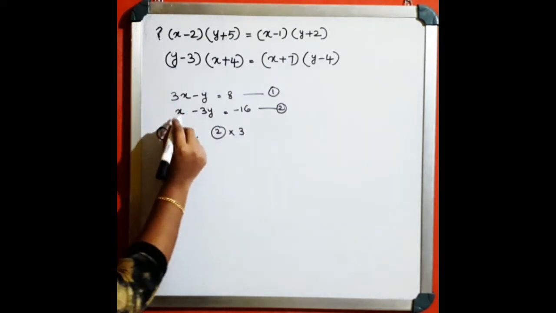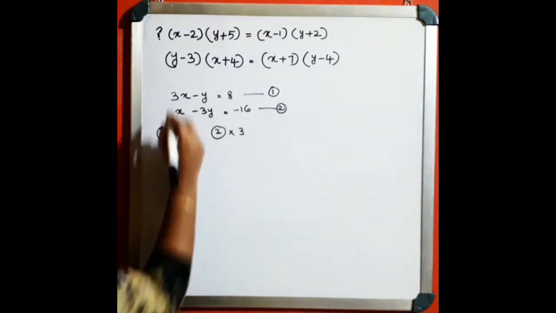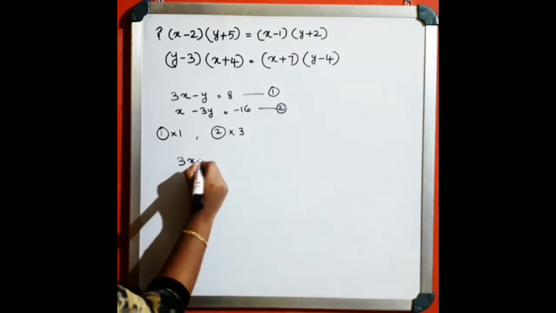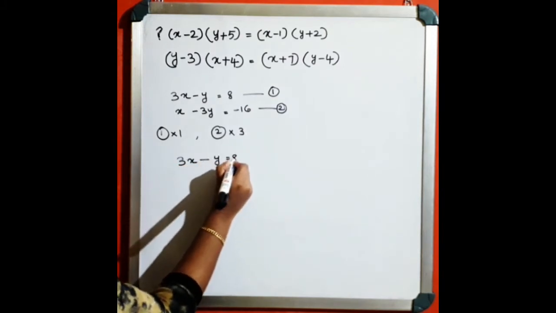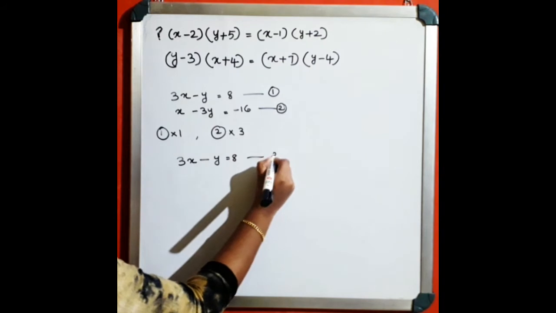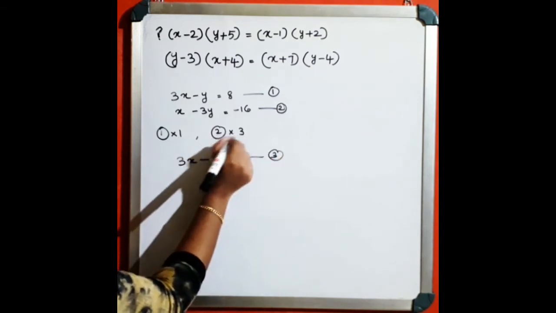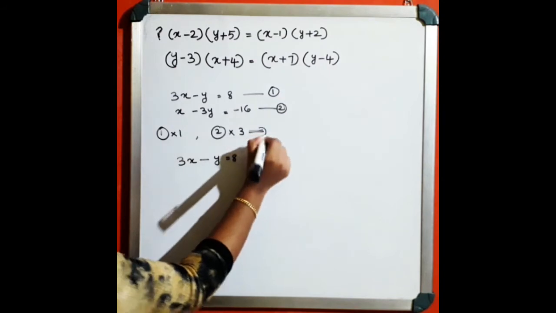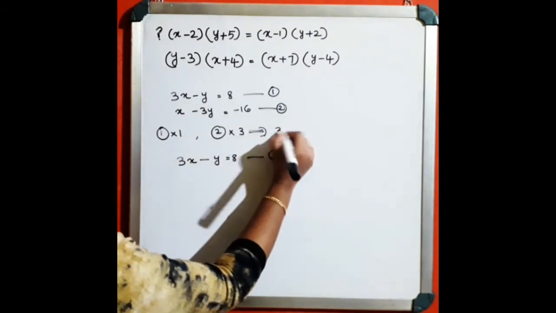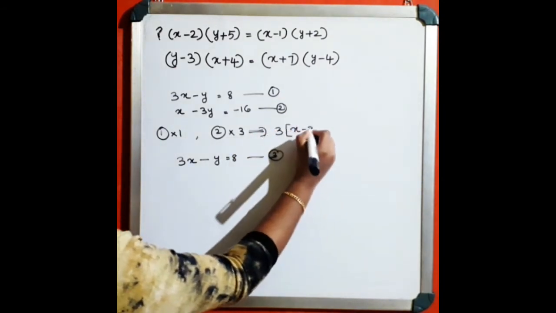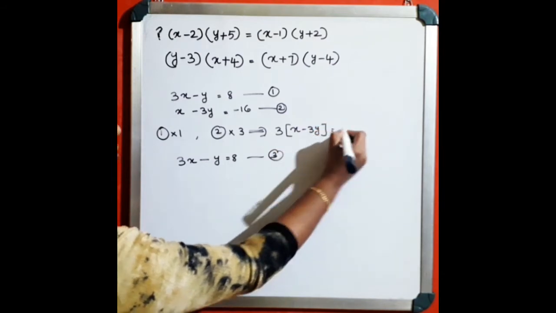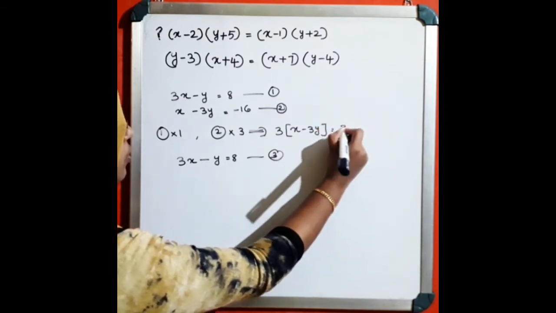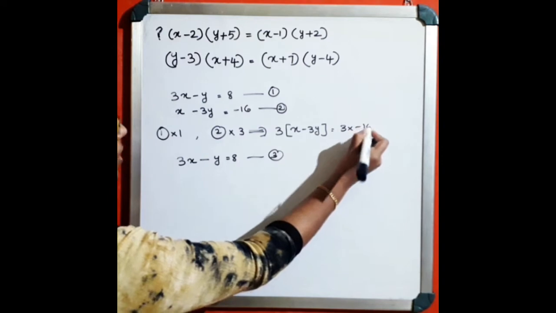If we multiply equation 1 by 1, it becomes 1 into 3x minus y is equal to 8. And if we multiply equation 2 by 3, it becomes 3 into x minus 3y is equal to 3 into minus 16.